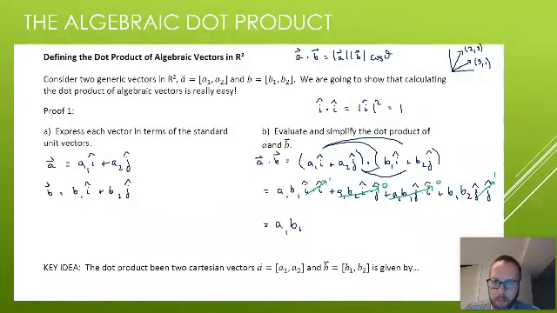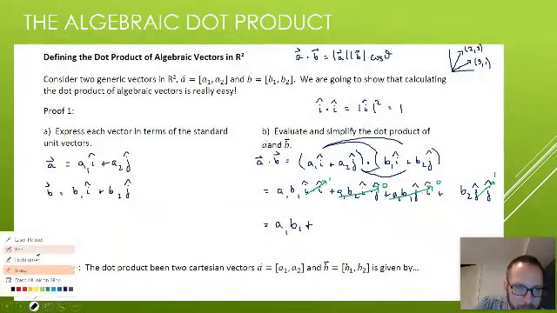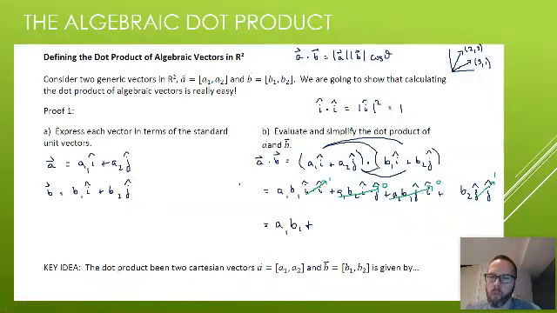A1, B1 plus that last one. You're probably panicking that I missed it. I caught it. That would be A2, B2.